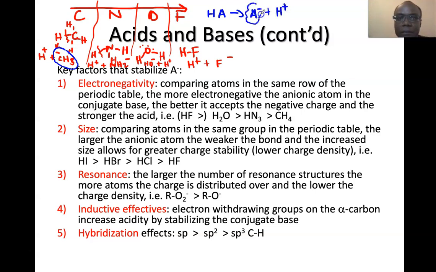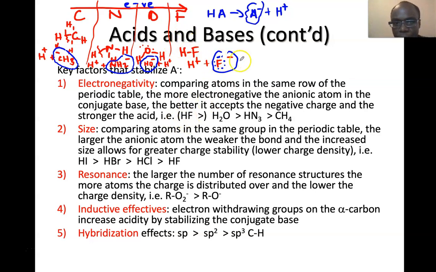So I'm focusing on the A minus, which is what I'm circling. You have NH2 minus, you have HO minus, and you have F minus. So you realize you have a carbon bonded to hydrogens, nitrogen bonded to hydrogens, oxygen bonded to hydrogen, and F. Out of all these, the one that holds on to its lone pairs tightest is fluorine, because it's the most electronegative according to our periodic table.